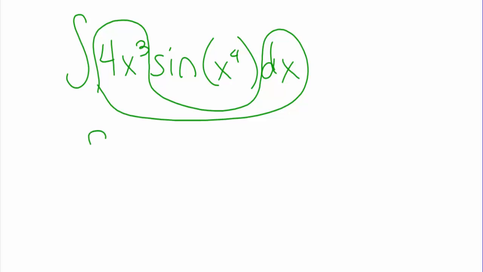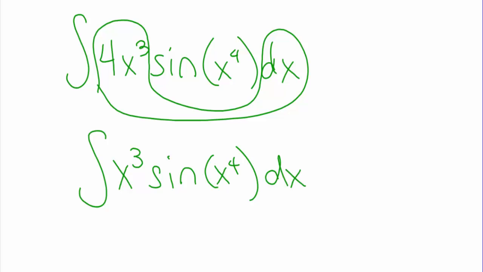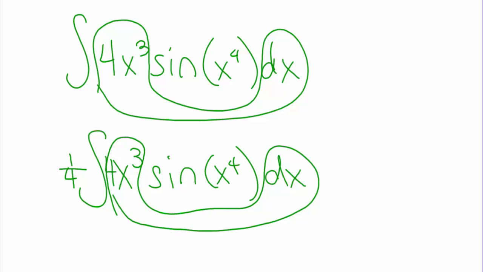And I could even give you just this. And the reason that would be okay is because constants can be pulled in and out of the integral. So if I need to stick a 4 in here, I can just stick a 1/4 out front. And it's still okay, and I can still find this thing I need. But if you can't find that thing you need, you can't do that substitution.